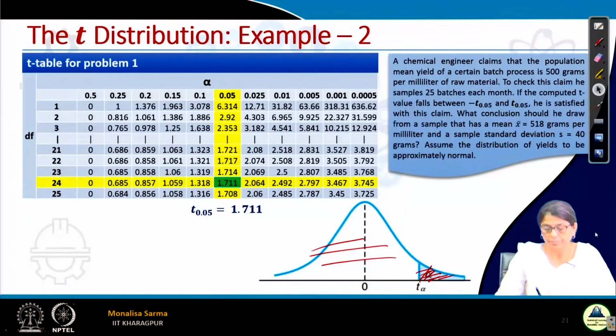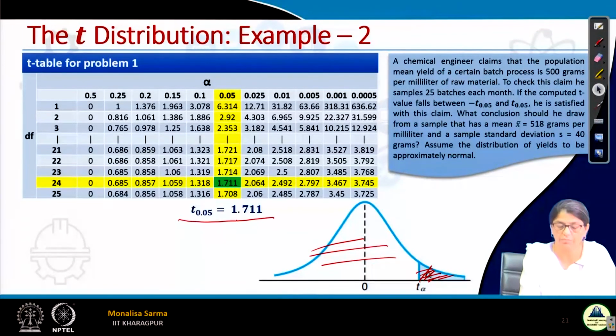So here, how many degrees of freedom? Degrees of freedom is 24, because the sample size is 25. For 24 degrees of freedom, for 0.05, what is the value? 1.711. So what will be the value corresponding to minus T of 0.05?